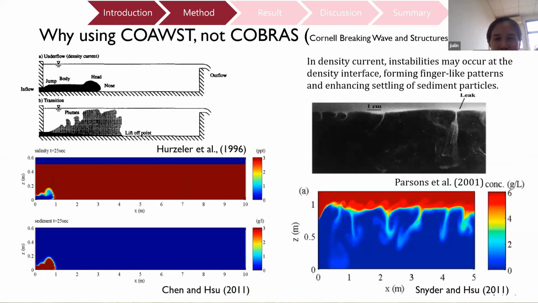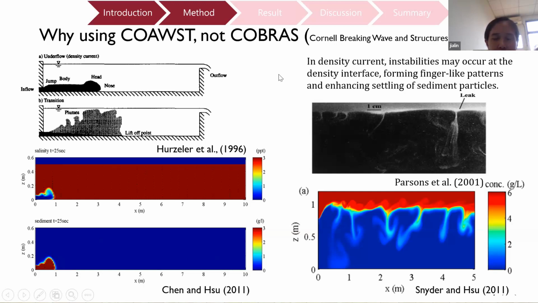Okay, so again, if you are running numerical models, you're probably going to ask me a question: why don't you use a non-hydrostatic model? Why do you use a simple hydrostatic model? So here is a video coming from COBRAS, the Cornell Breaking Wave and Structure model.